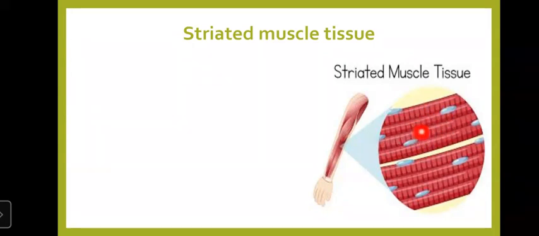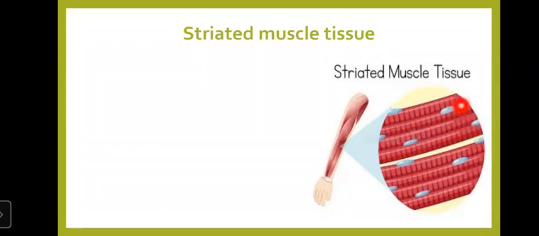These bands, dark and light bands, are called striations. Hence, these muscles are also called striated muscles. This blue color oval structure that you see on each muscle fiber is called the nucleus.